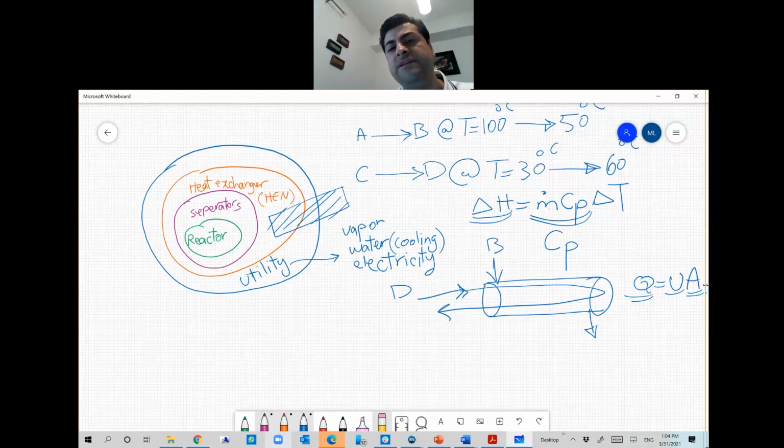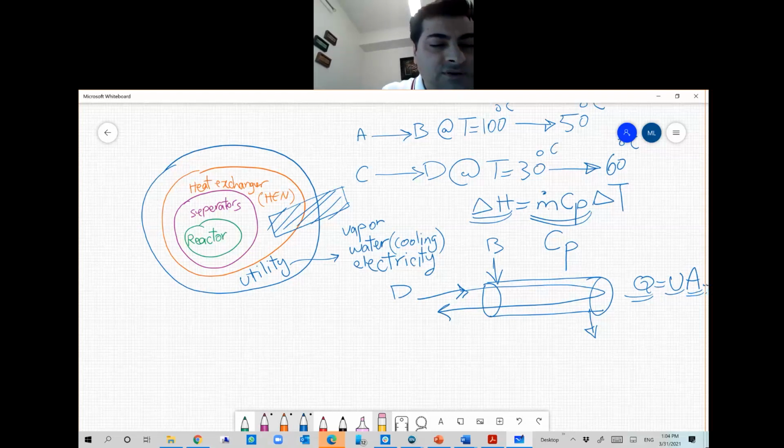In other words, when you design your process and, for example, you do your process simulation, you have identified your streams. So you have one stream, let's say here's inlet, here's outlet.